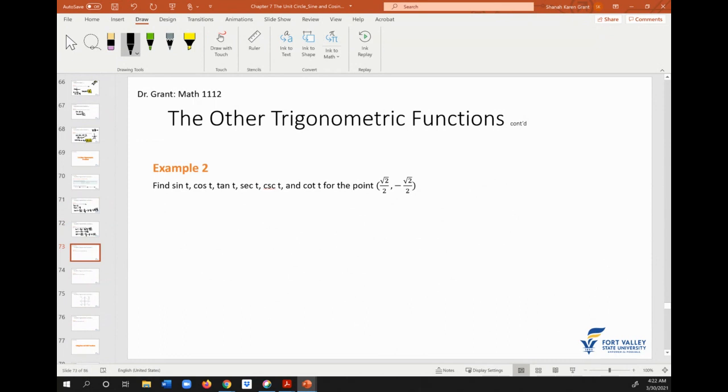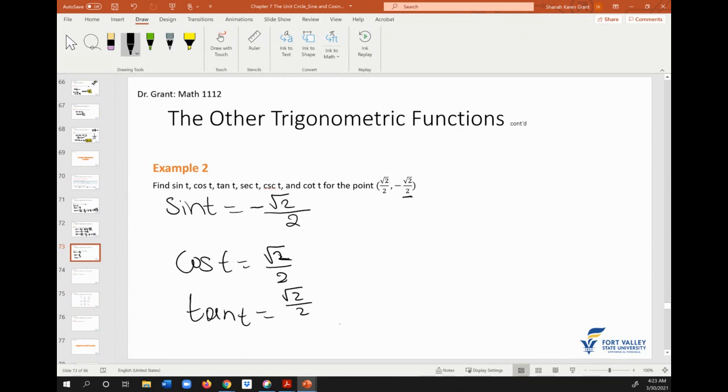Let's try one more. So again, sine is going to be my y. Cosine is going to be my x. Tan is going to be y over x, or sine over cosine. Anything divided by itself is 1, so that's going to just be negative 1.